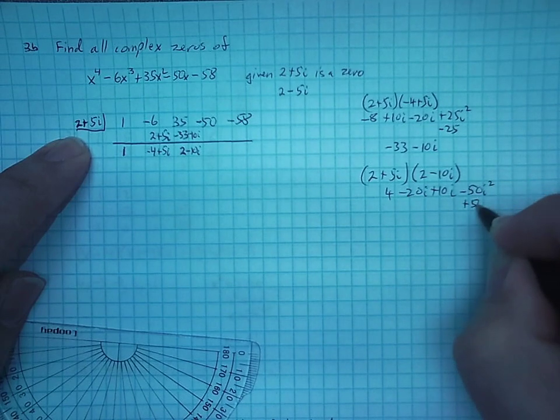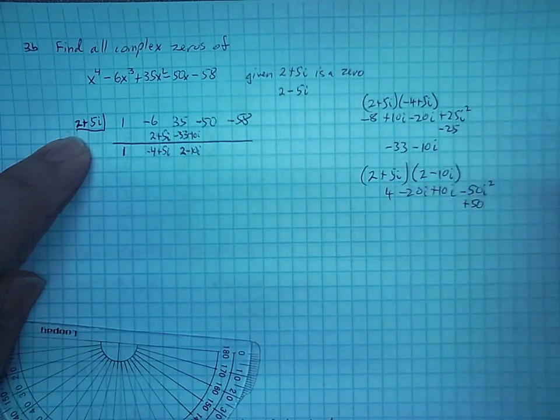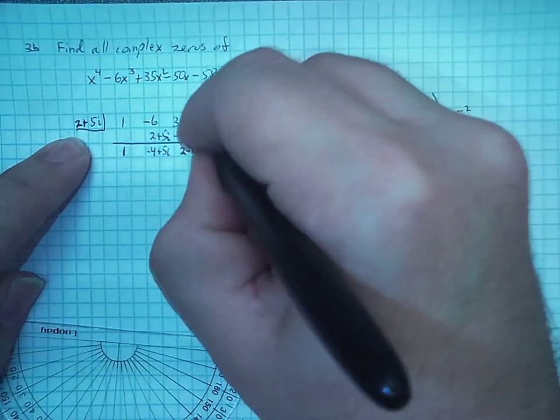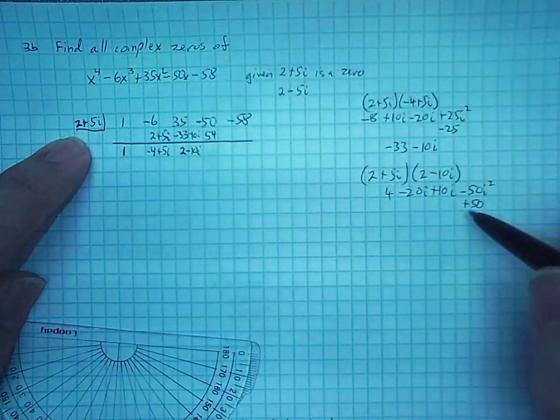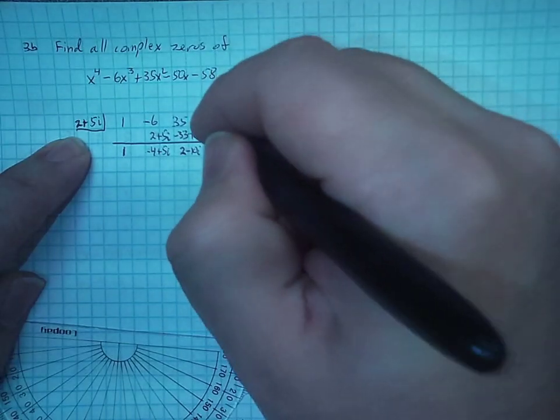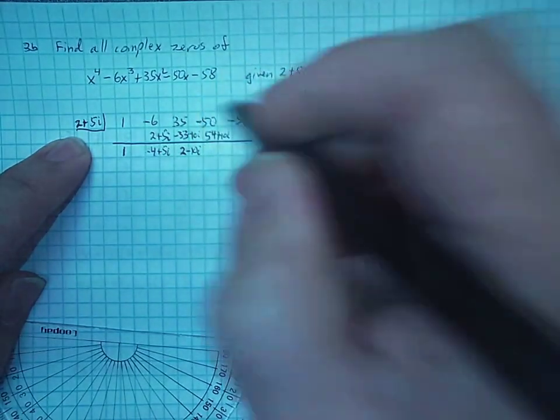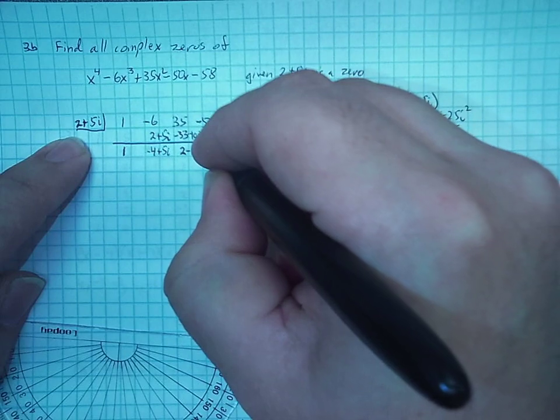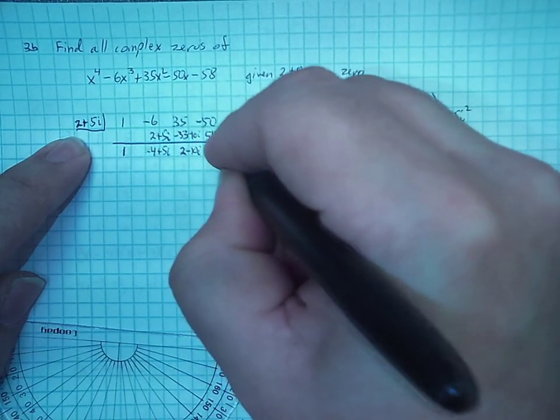That's going to be plus 50 because i squared is negative 1, which gives me 54 and 10i. So this becomes positive 4 plus 10i.